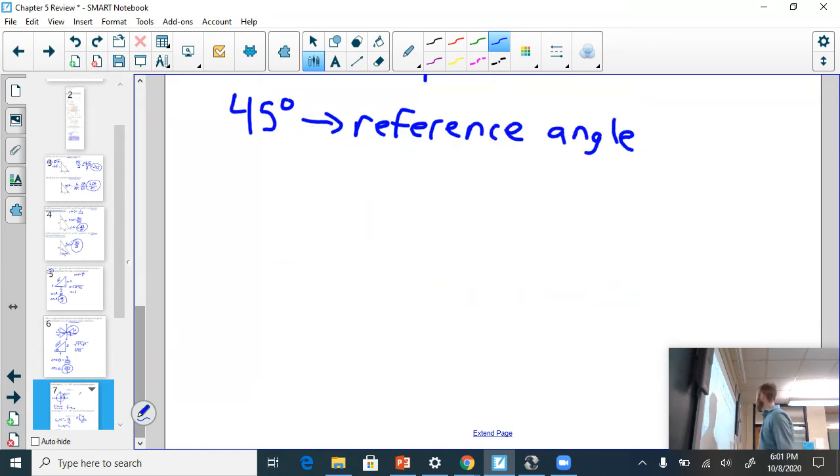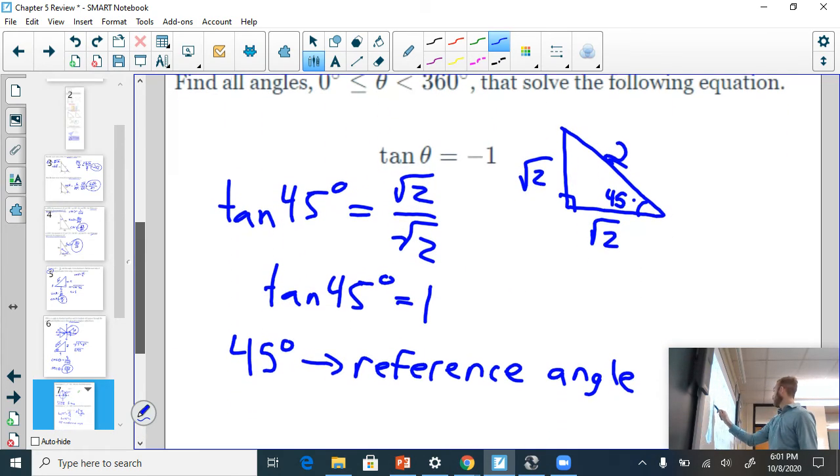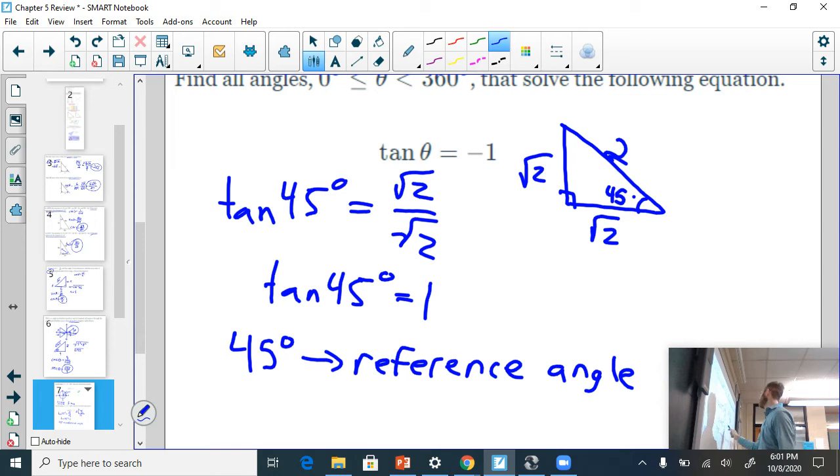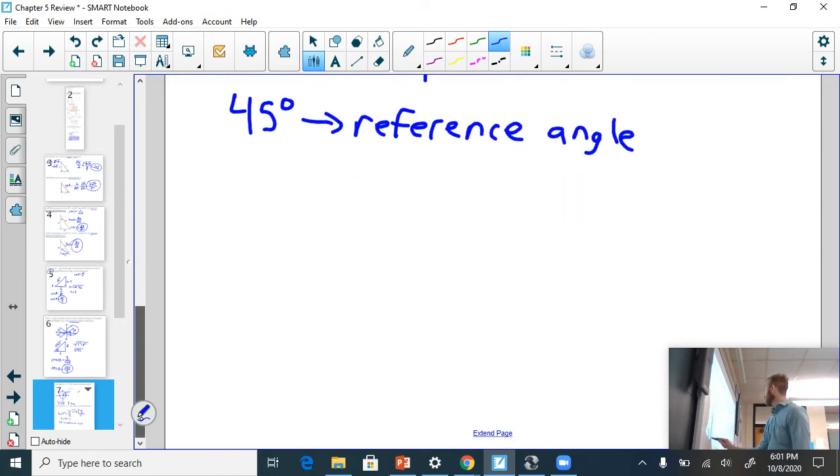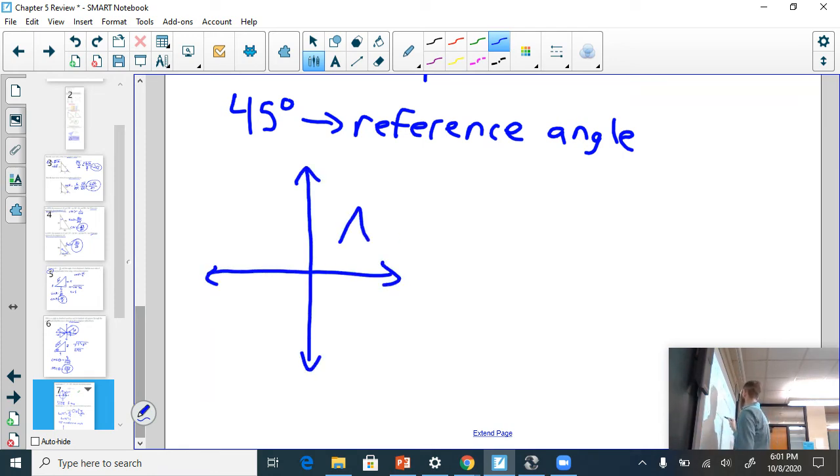But notice that we're not finding the tangent of 1, we're finding the tangent of negative 1. So this is where we use ASTC. And so I know that it has to be negative. So where is the tangent negative?